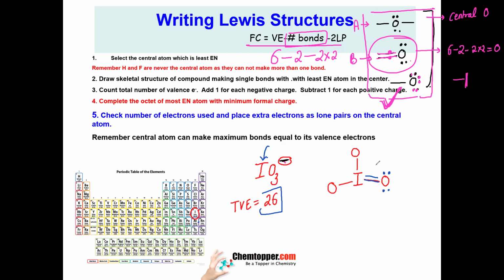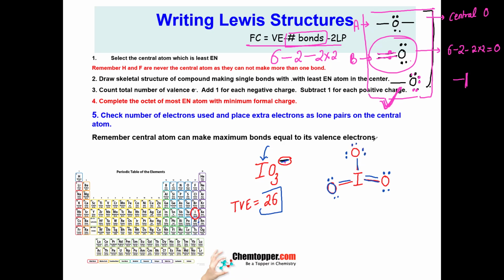Octet, 8. Do the same thing with this oxygen. Double bond. 2 lone pairs. 8. But with this oxygen, don't make a double bond because I have to put this minus charge. So let it be like this with 3 lone pairs.